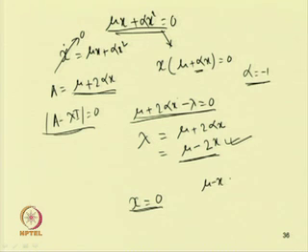So, mu minus x equal to 0, or mu equal to x. So, we have two solutions, one is x equal to 0 and another one is x equal to mu. Now we can plot.